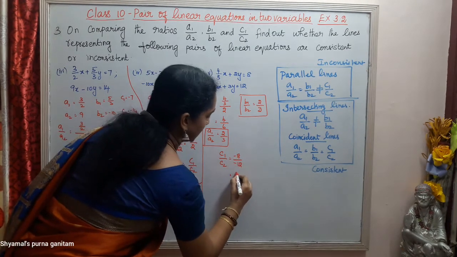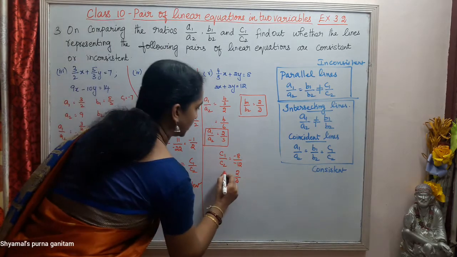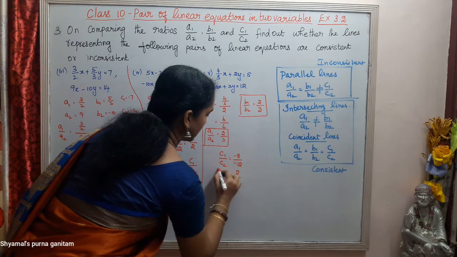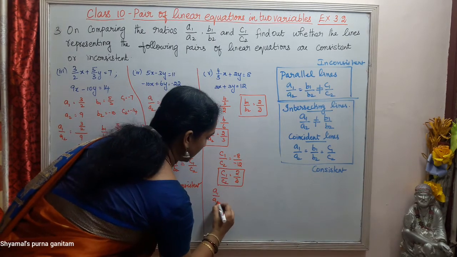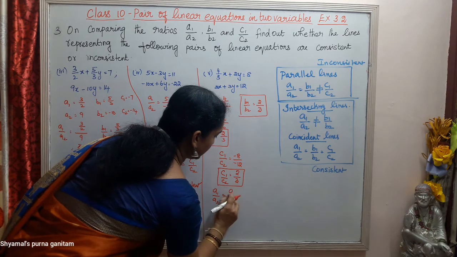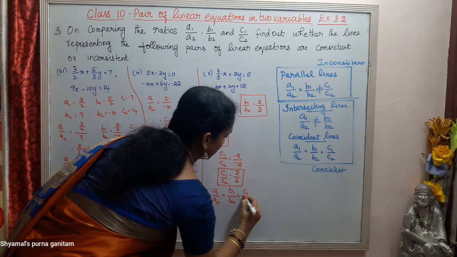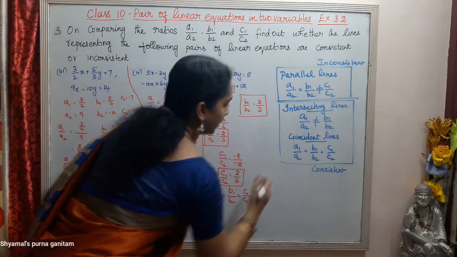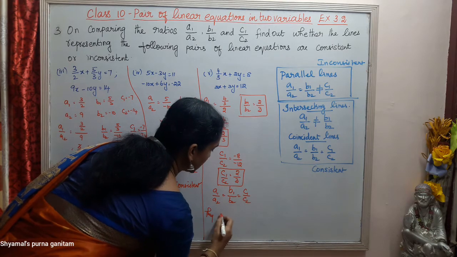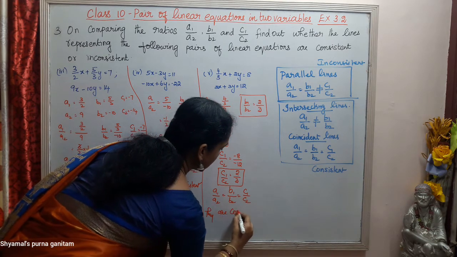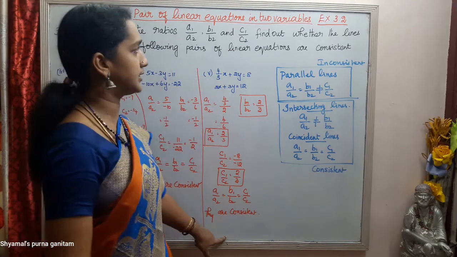When we simplify this, we will get 2 by 3. So C1 by C2 is also equal to 2 by 3. So A1 by A2 is equal to B1 by B2 is equal to C1 by C2. All are equal. So they are consistent.